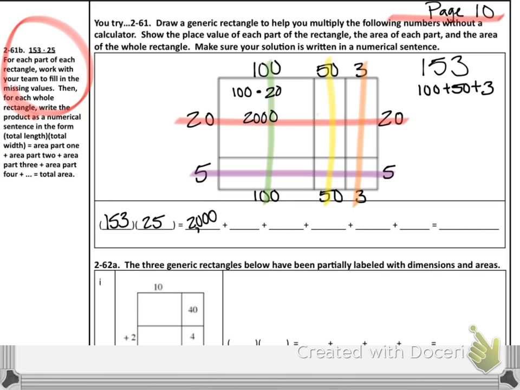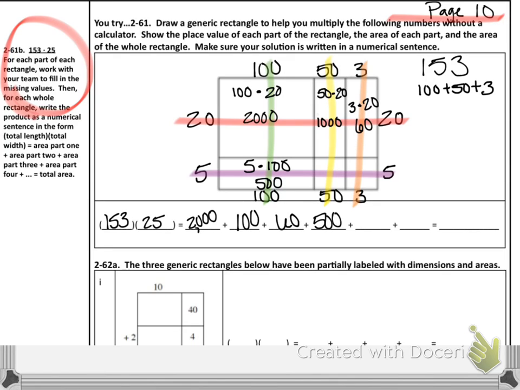For my second one, I'm going to follow my yellow 50 and my red 20. 50 times 20. 5 times 2 is 10. So 50 times 20 is going to be 1,000. Now I'm going to follow my orange 3 and my red 20 and end up with 60. Looking at the bottom row, purple 5 multiplied by my 100 is going to give me 500.